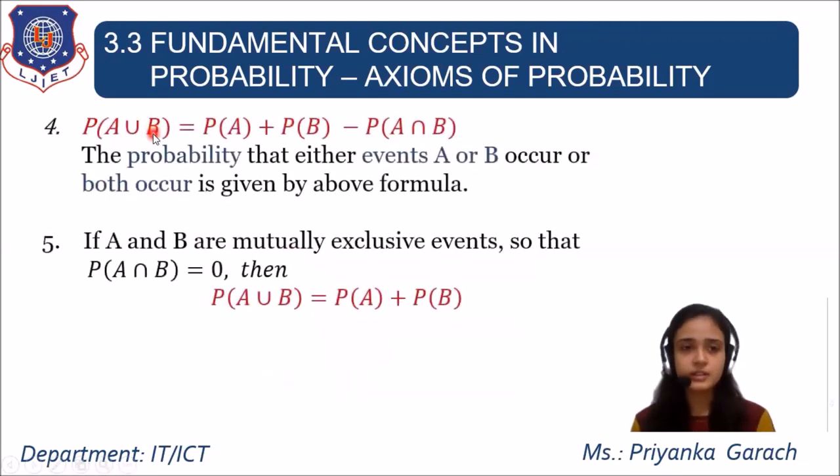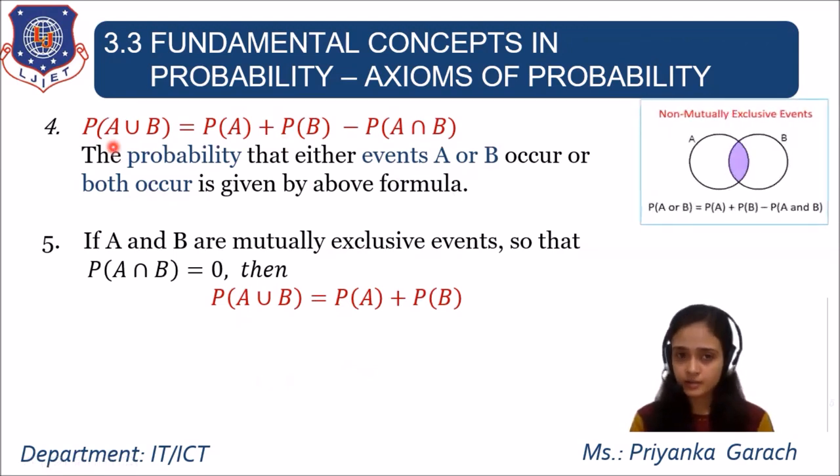Now the fourth rule: the probability that either event A or B occurs, or both will occur, is given by the formula: the probability of A union B is equal to the probability of A plus the probability of B minus the probability of A intersection B. Here A and B are non-mutually exclusive events, so there is some intersection between event A and event B. If you want to find the probability that either the events from A or B will occur, or they both will occur, then you have to use this formula.